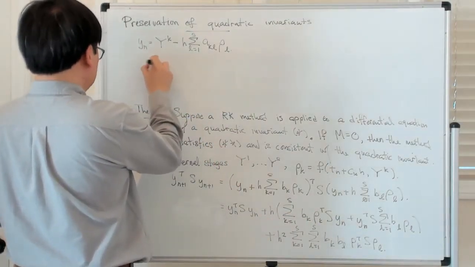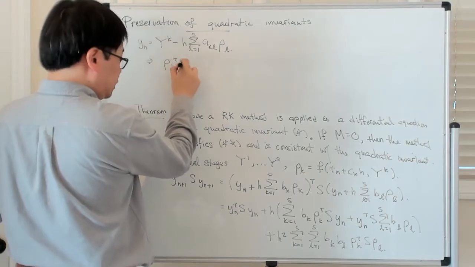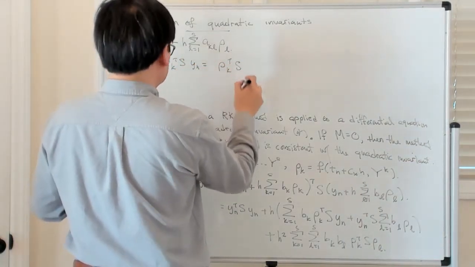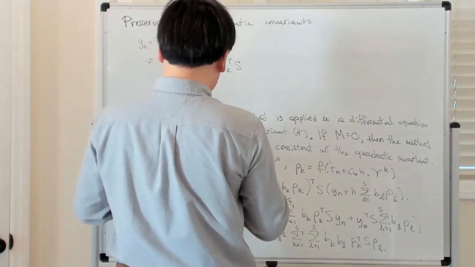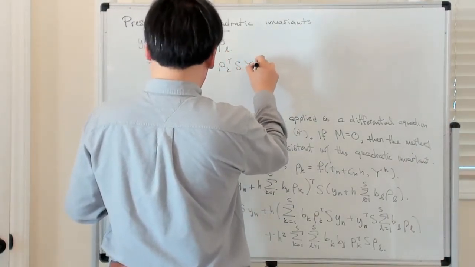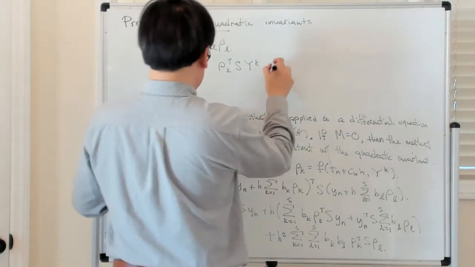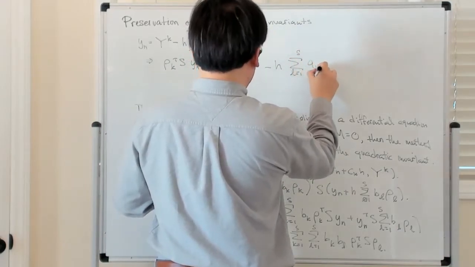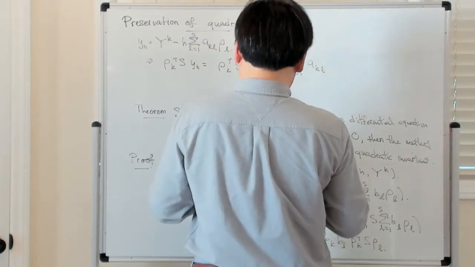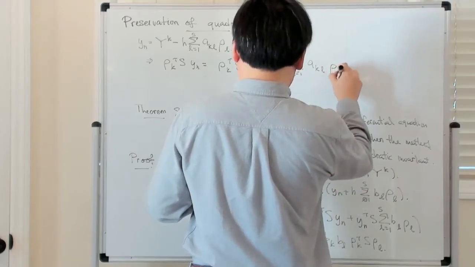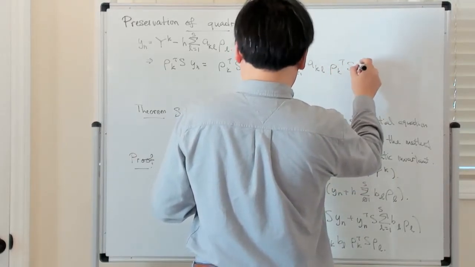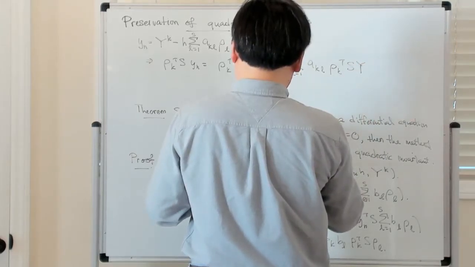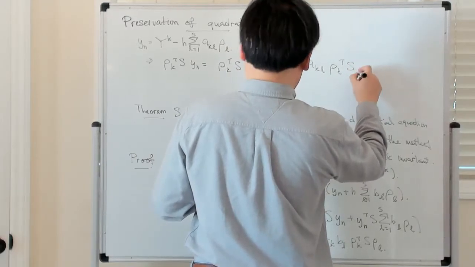This implies that rho_k transpose S y_n is equal to rho_k transpose S y_k, minus h times the sum from l equals 1 to s of a_kl rho_k transpose S rho_l.